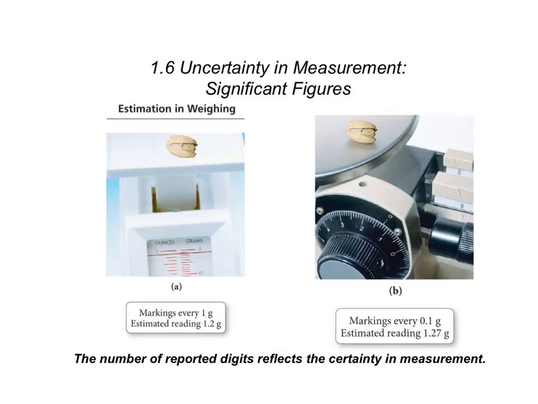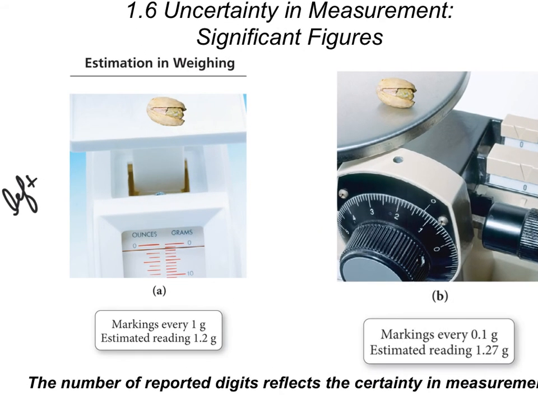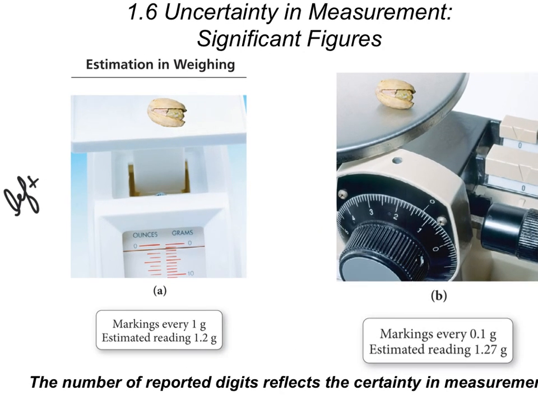So let's say that you went into the lab and you wanted to weigh out the mass of a pistachio, okay? And you had 2 different scales or 2 different balances to do that with, okay? So on the first side, or on the left side, on our left balance, note what the lines indicate, right? So we have a little pistachio, it's on the balance, and this guy is a 10, whereas this guy is a 0. So what are each of those individual lines telling me?